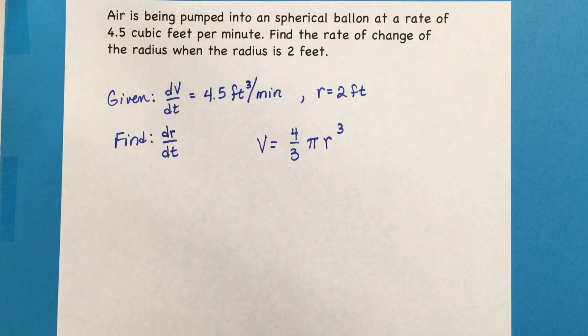As you're filling this balloon with more air, it's getting bigger and bigger, which means the radius is getting bigger and bigger. Anything that continues to change over a period of time, based on the situation being described, cannot be substituted in until after you've done the implicit differentiation.